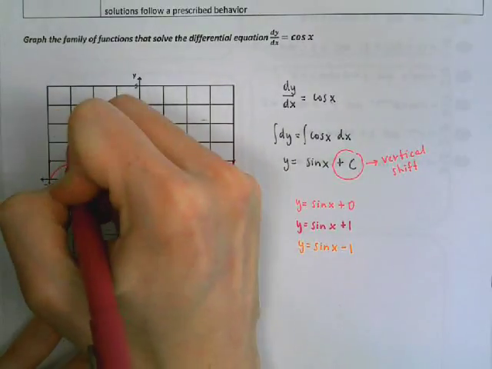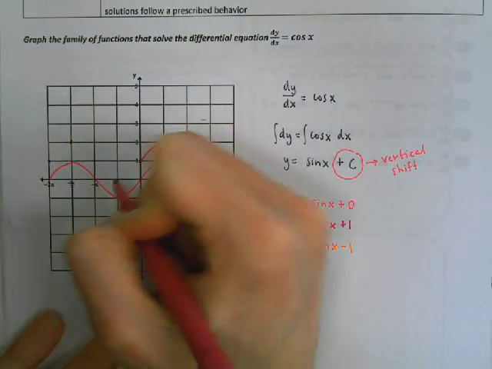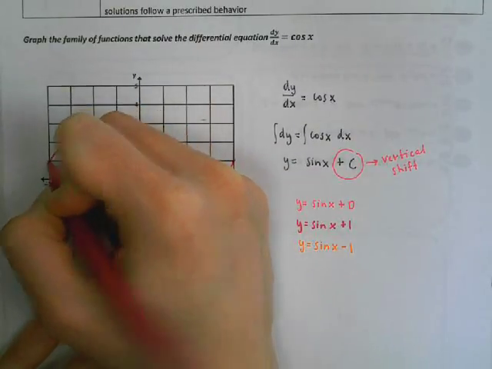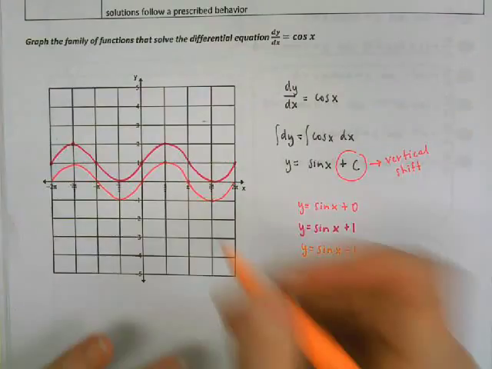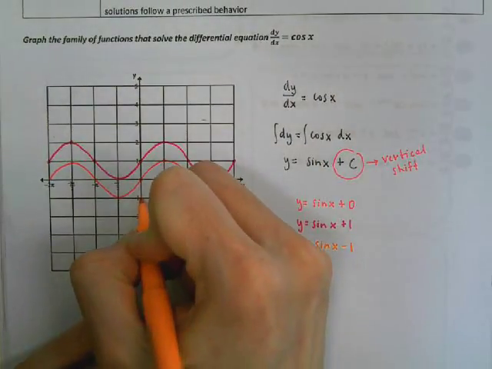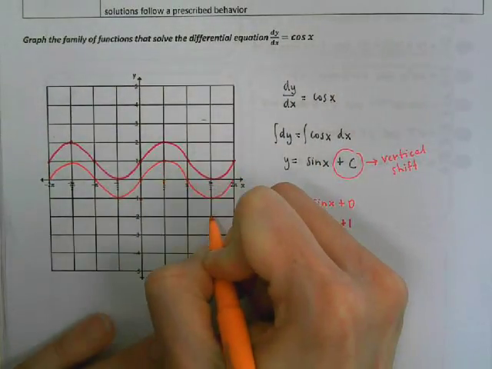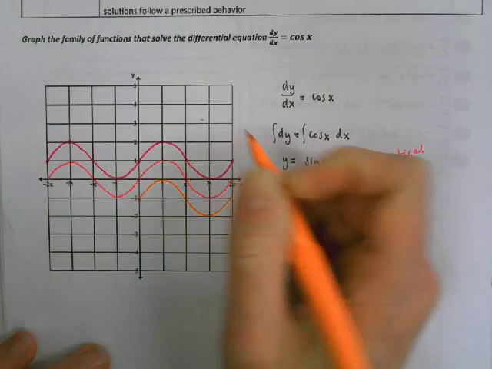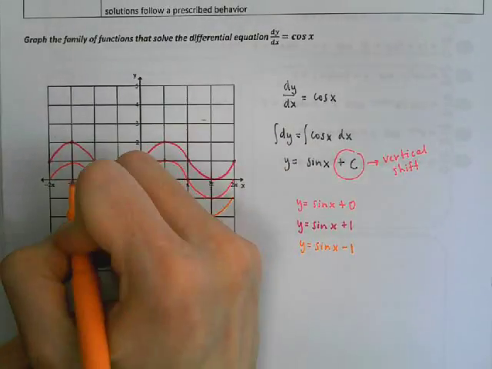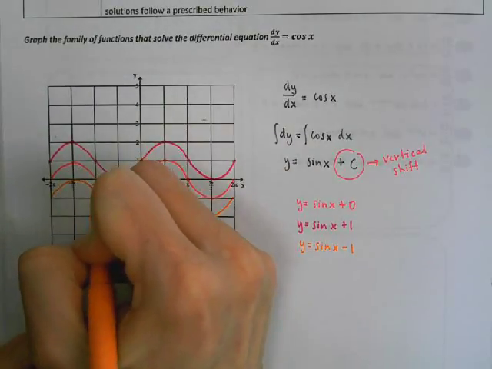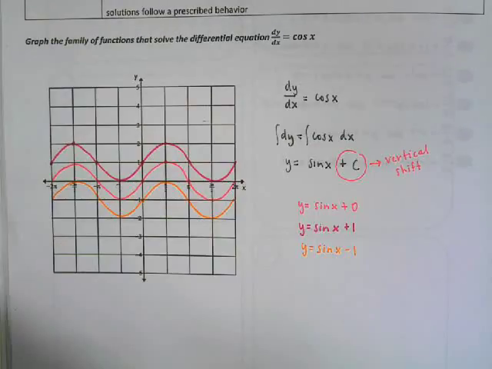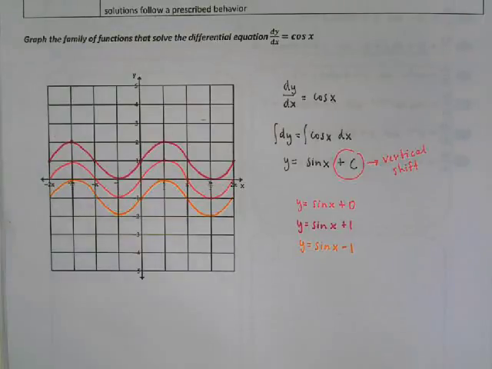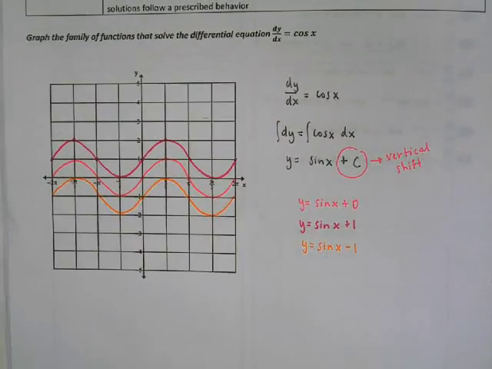So there's my sine of x plus 1. Okay, and then sine of x minus 1. Start from our standard, and we're going to shift it down 1. Okay, and so we could keep going. We could fill this all up with all of these sine curves that just have these vertical shifts.